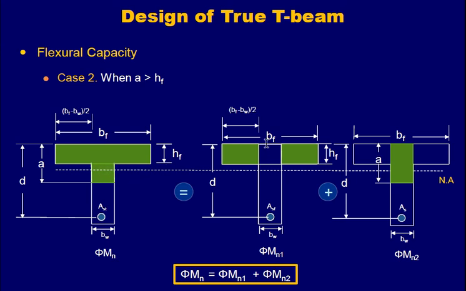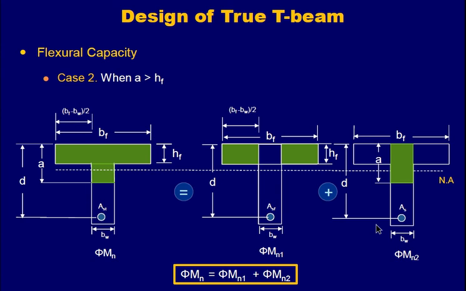Why? Because width of the web is different and width of the flanges is different. Similarly, the depth. The most important thing is depth of the flanges is different. For example, this portion is acting differently than this portion. Okay. So what we do is we take these flanges, we take their effect differently, and we use this web and take its effect differently.